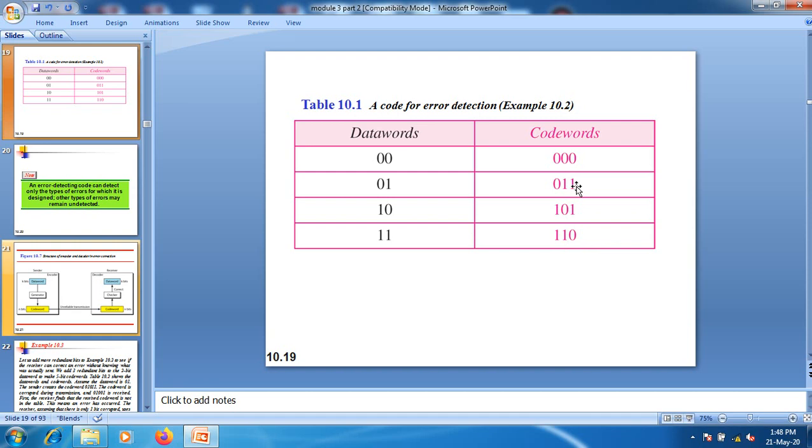If you XOR these two terms, that is 011 and 101, in that case it creates another valid code word here.